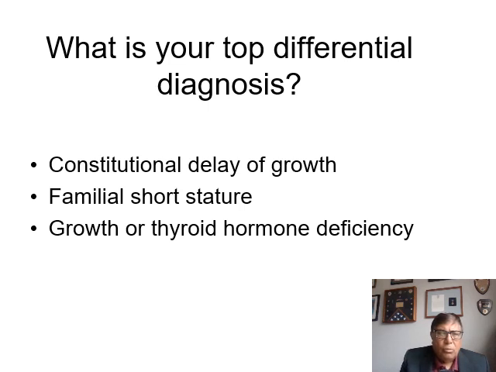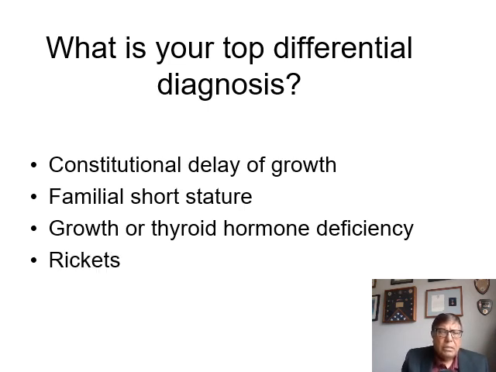Could it be growth hormone and thyroid hormone deficiency? Since the previous growth chart is not available and nothing to show whether he is losing any ground in terms of his height or weight, although there is a possibility that it may be one of those, but chances are not very much.